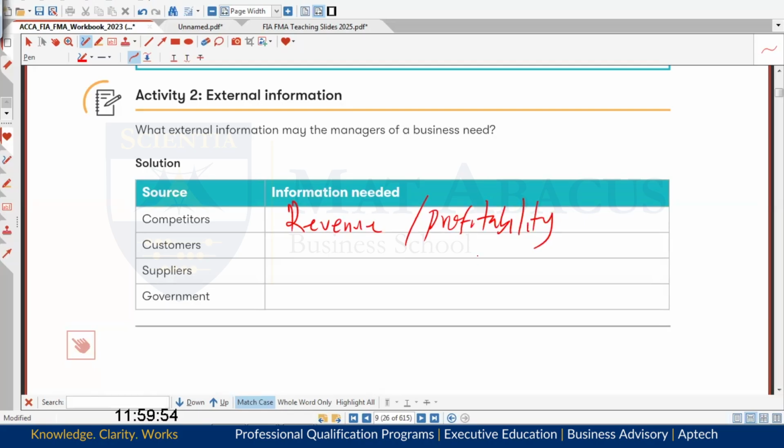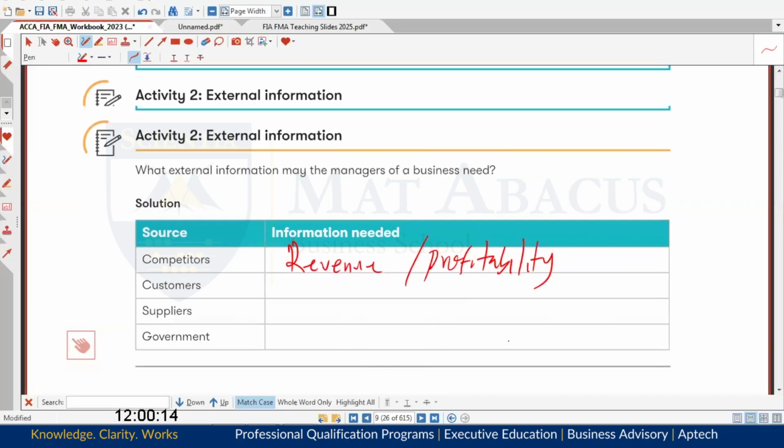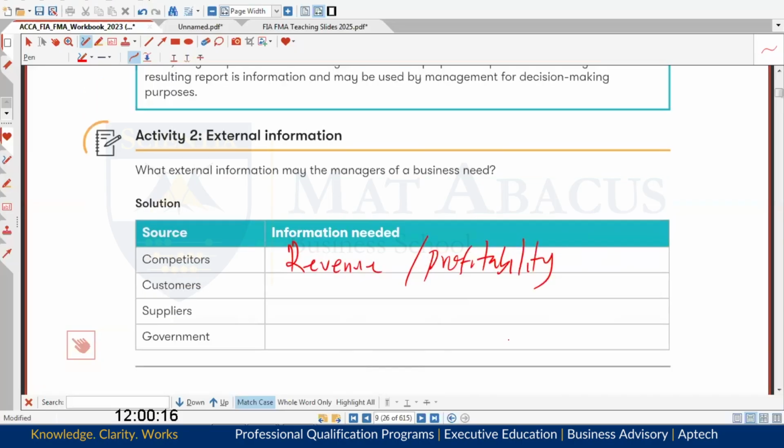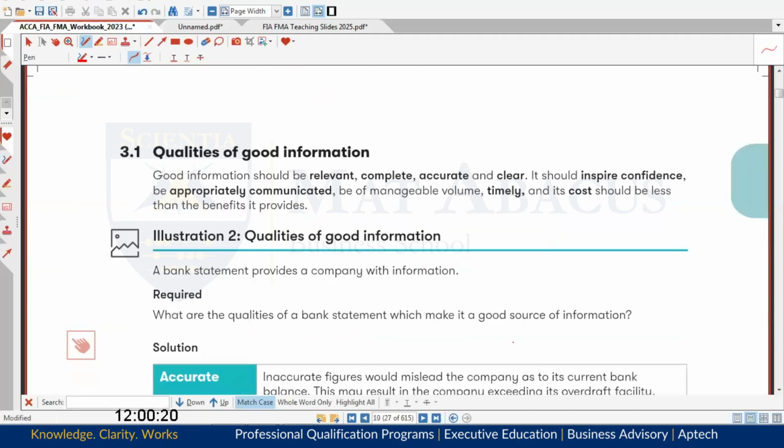For customers, are they happy? Are they not happy? Suppliers, you need to know how long they can give you to pay them back. The government, taxes, and the laws in which you're supposed to operate. So as a business, we need various information from various sources which may impact our business.